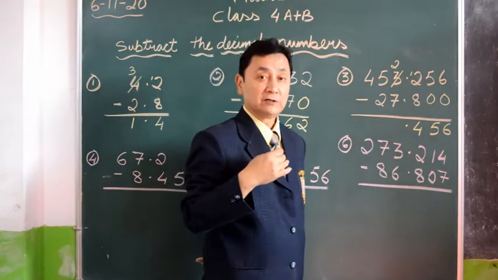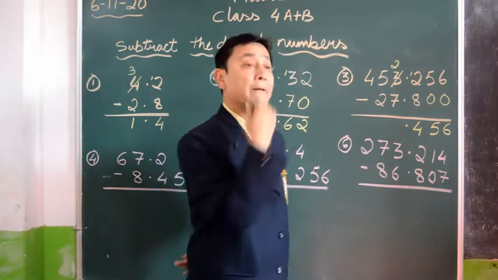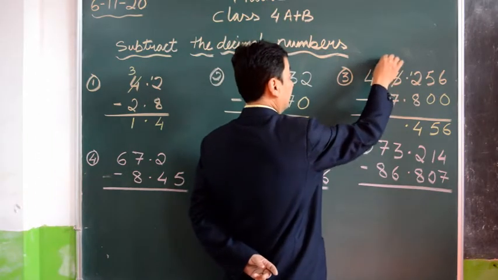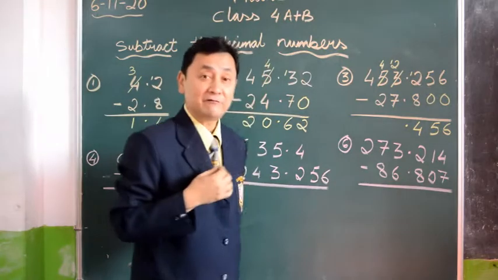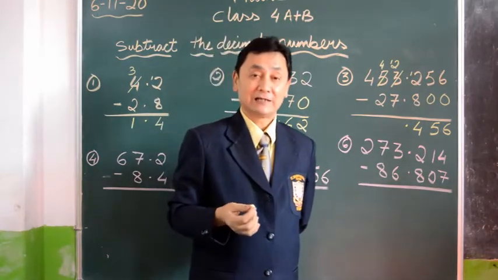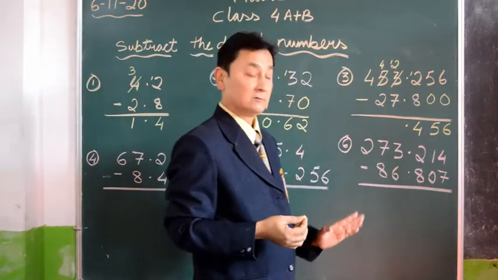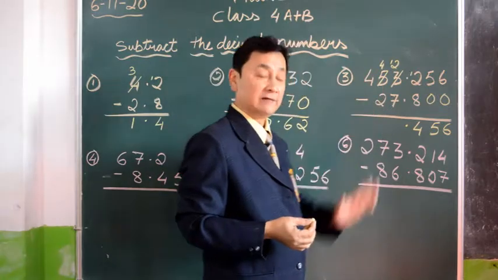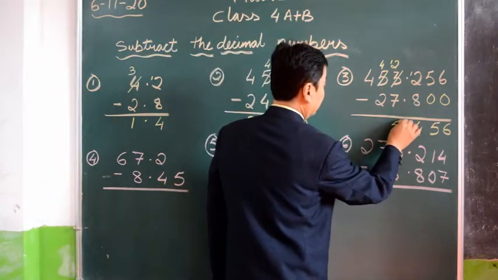I have 2. Can I give you 7? No, I cannot. I have to borrow from someone else. The next number that I borrow from is 5. 5 becomes 4 and 2 becomes 12. Now I have 12. Can I give you 7? Yes. 12 minus 7, 5.